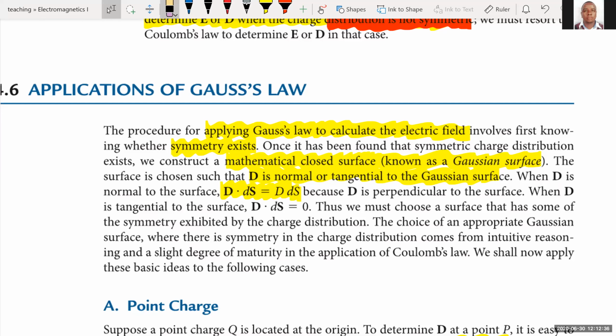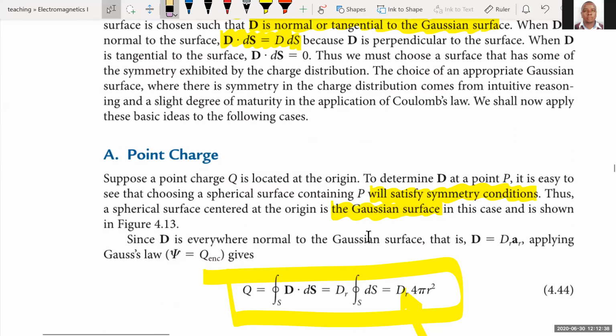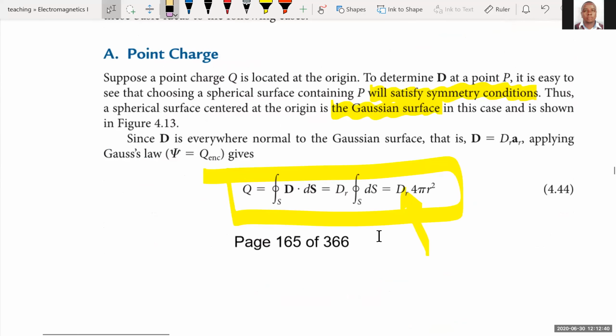With a point charge, suppose charge Q is located at the origin. To determine D at a point P, it is easy to see that choosing a spherical surface containing P will satisfy the symmetry condition.